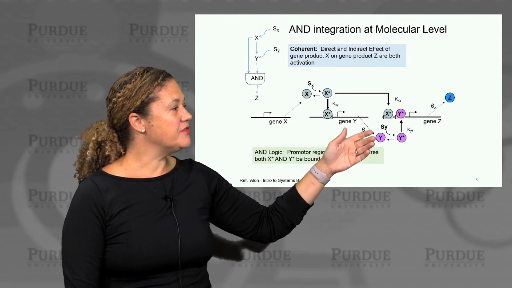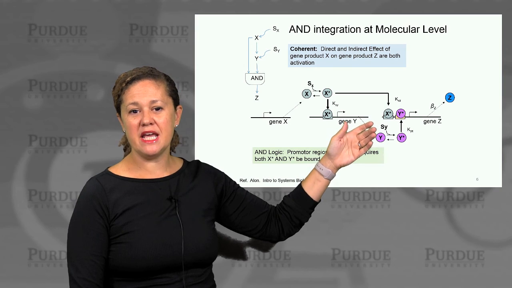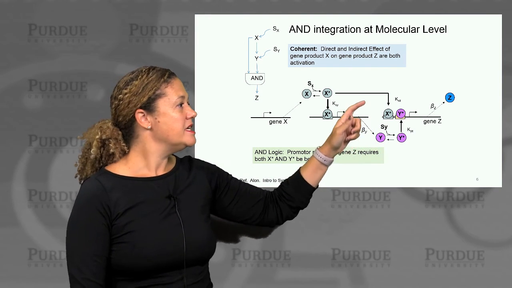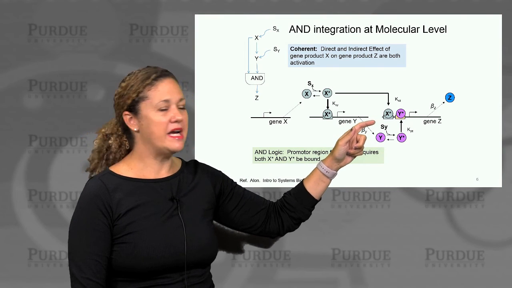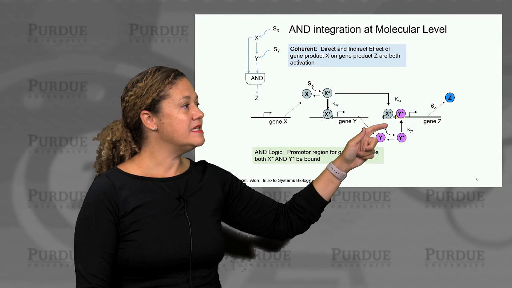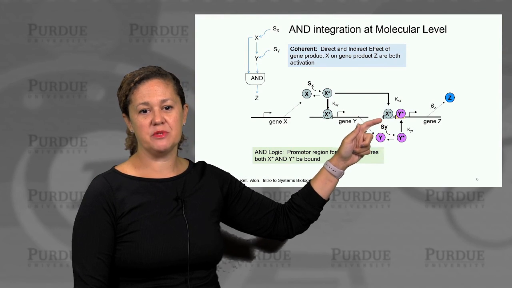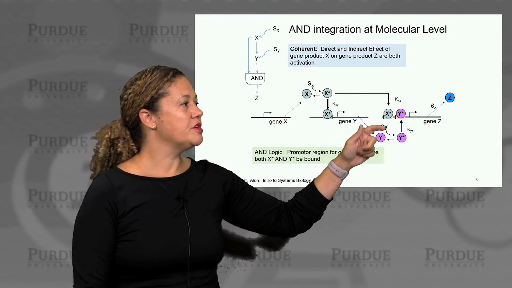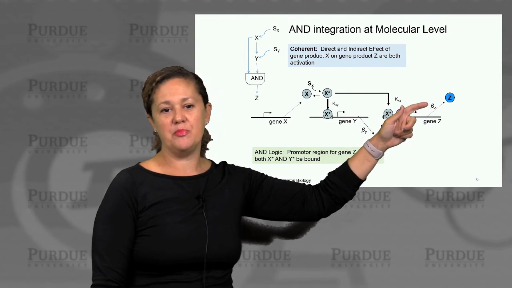And what's important here for the AND integration, one way that AND integration can occur at the molecular level is that this would require both the binding of active transcription factor X and the binding of active transcription factor Y. So both need to be present in order to get our gene product output Z.